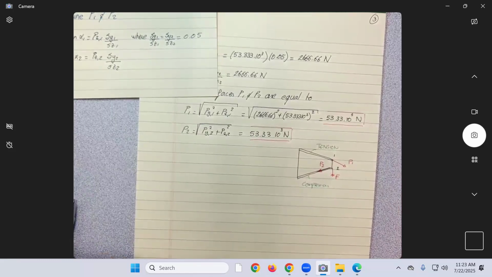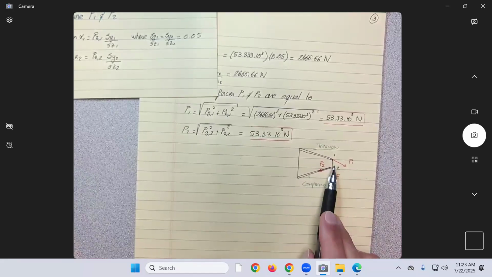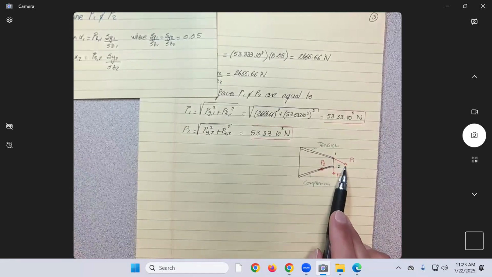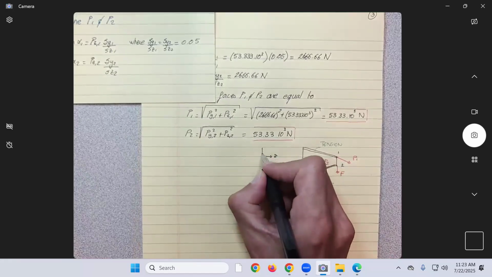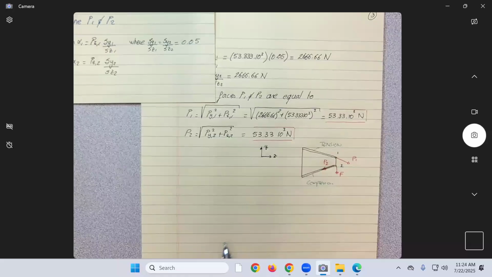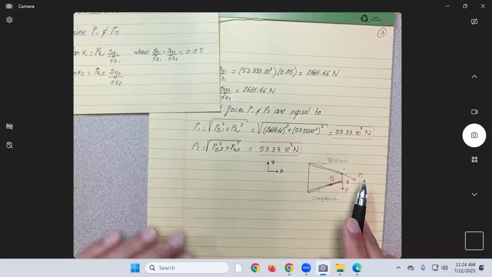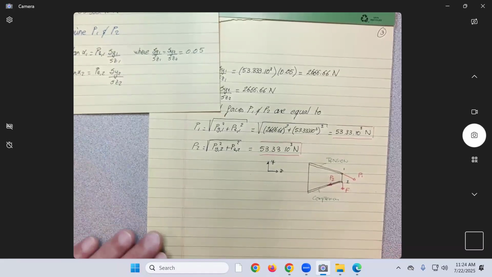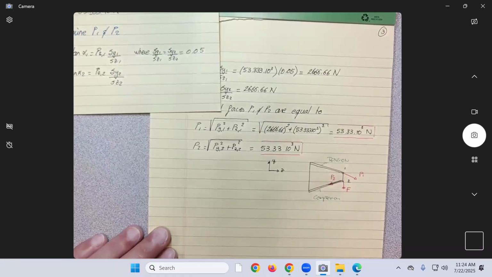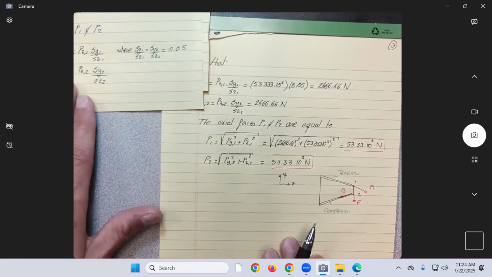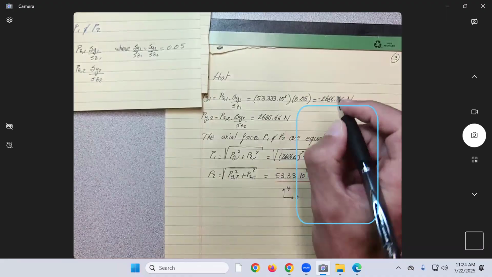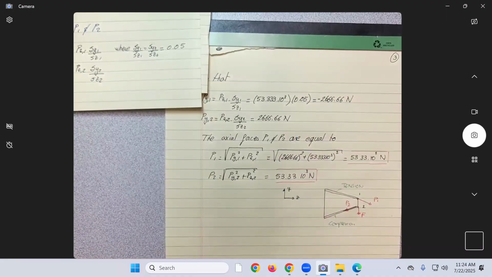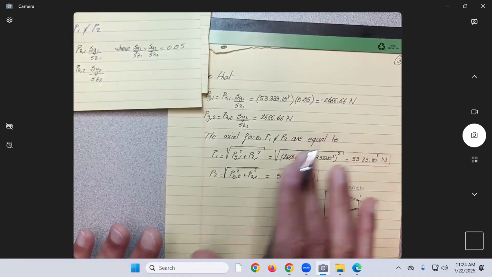So if you really want to be very accurate, for P1 the Z would be positive, so we have Pz1 positive, and Py1 should be negative. If you really want it to be accurate, we should put Py1 equal to negative, but you don't have to, as long as you get the end result correct. If you don't put it, it's fine.